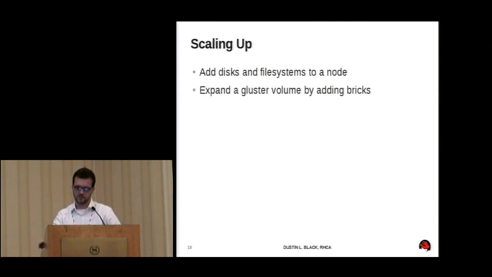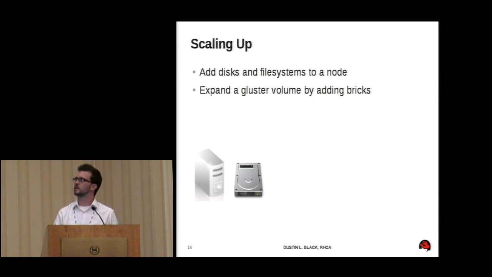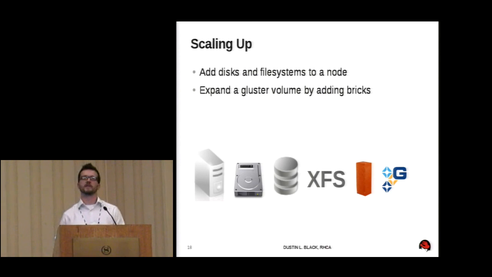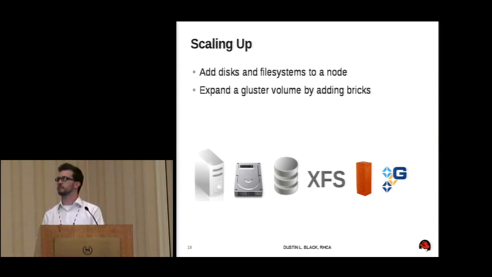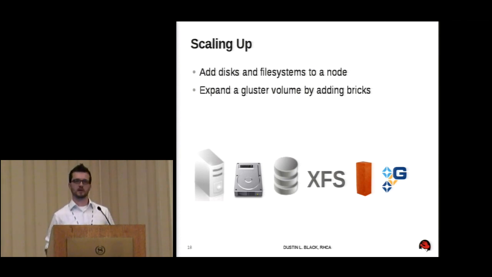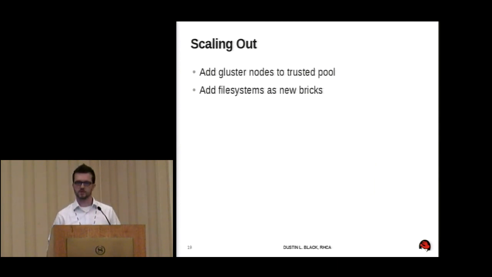This is as simple as walking through those components that we discussed. So I have a server, I add disk to it, I add LVM, I put a file system on that, I tell Gluster that file system is a brick, and now I have additional storage. I can do this over and over again on a server. I can always add additional storage to a server. That new storage can become a brick, and we're able to scale up on individual systems.